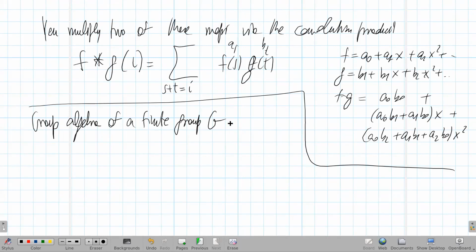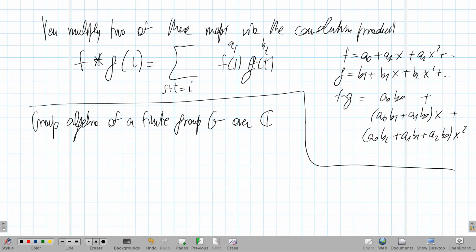I will mention how you do that, but it's quite obvious over C, although you could do it over every field, really. But we are all interested in this one. And this is the set of maps. This is usually called, let me check, this group algebra is called, wait, just a second.